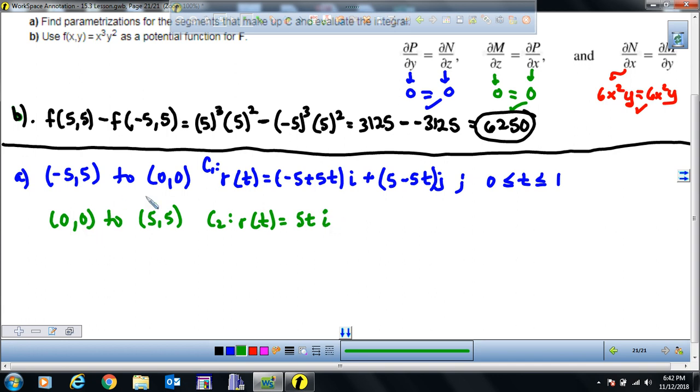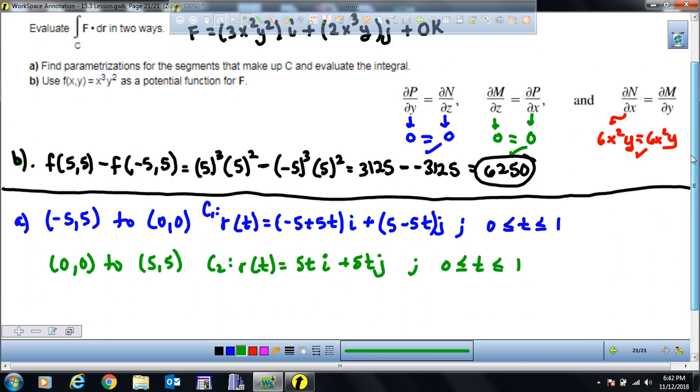This one is going from 0 to 5, so it starts at 0, so 0 plus 5t, which is just the same thing as 5t j. And it goes from t equals 0 to t equals 1. Okay, so the sum of the two line integrals will give me the same thing.